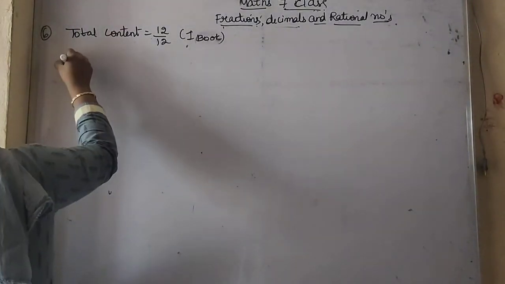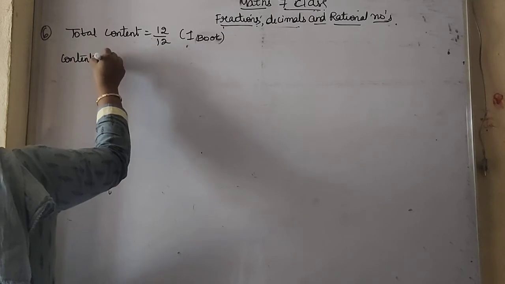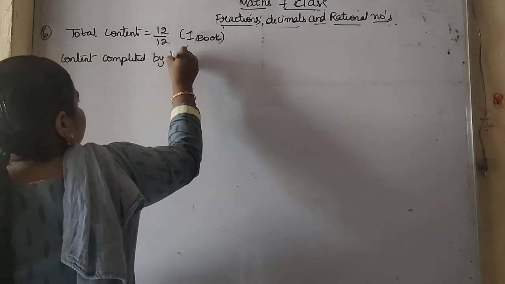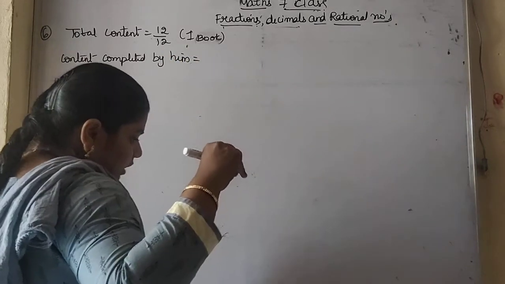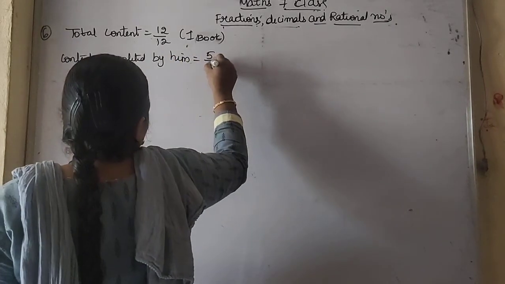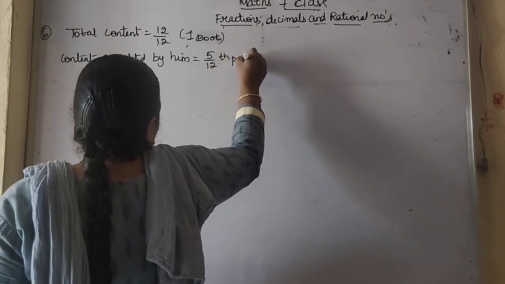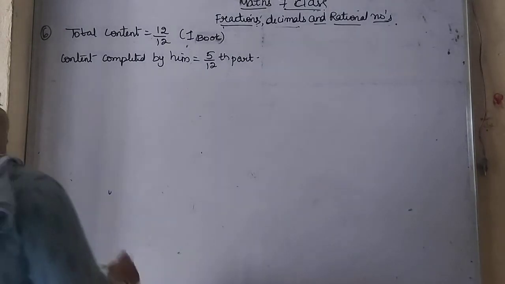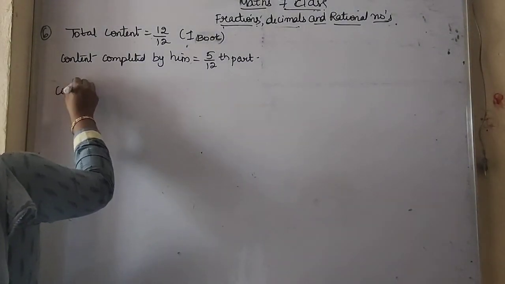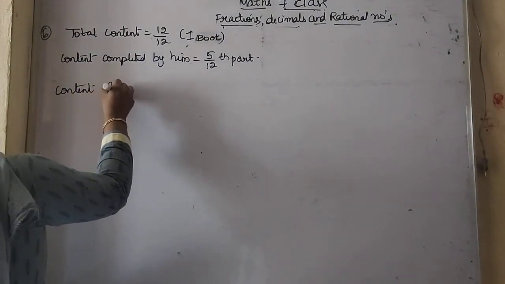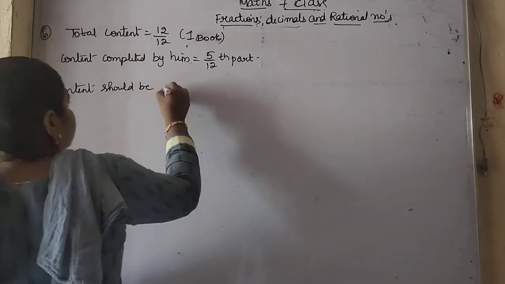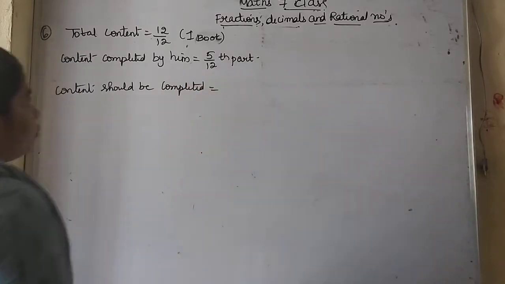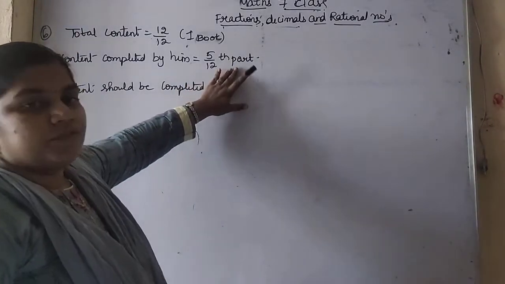So the content completed by him is 5/12 part. Okay, so what do we have to find now? We have to find how much more he has to complete. So the content to be completed is equal to, so what do we have to do from the total book? We have to subtract this 5/12 part.